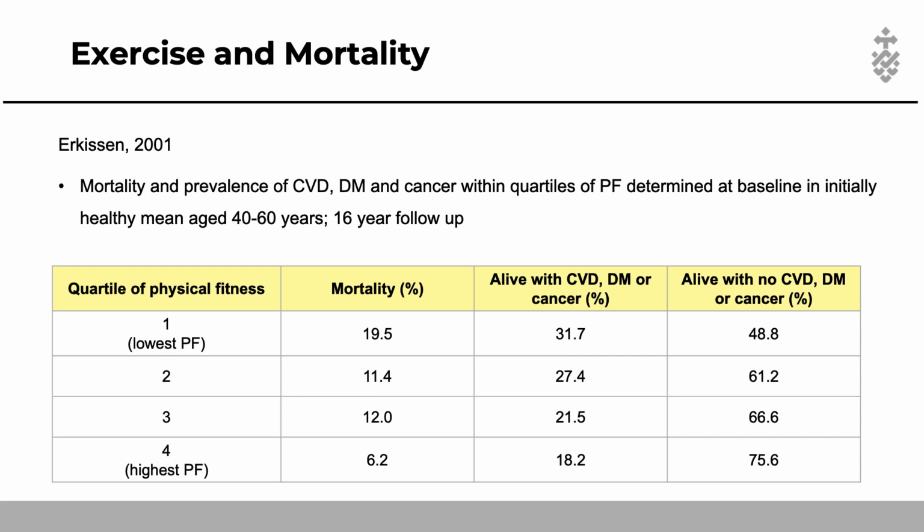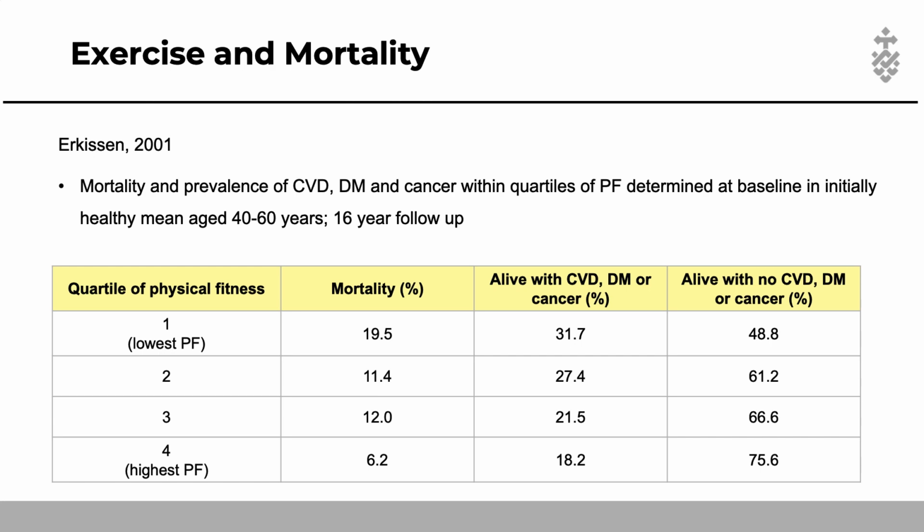So first things first, we see a strong association between fitness and mortality and fitness and disease. So if you compare the highest fitness group to the lowest fit group, at 16 years after the baseline measure, almost 20% of the low group had passed away, whereas only 6% of the high fitness group had passed away.